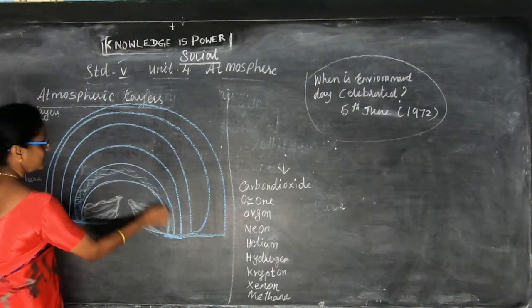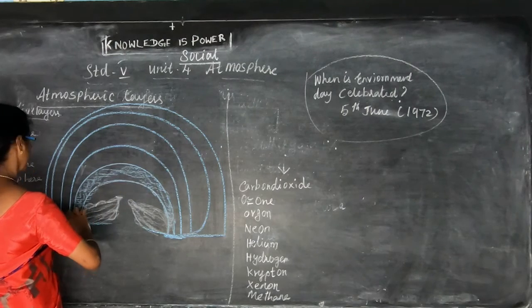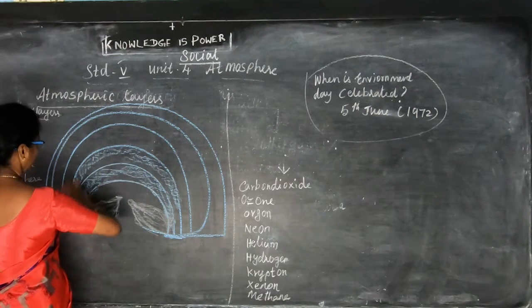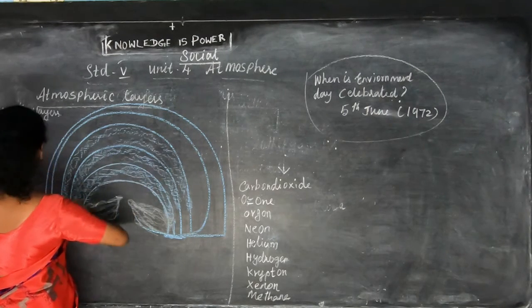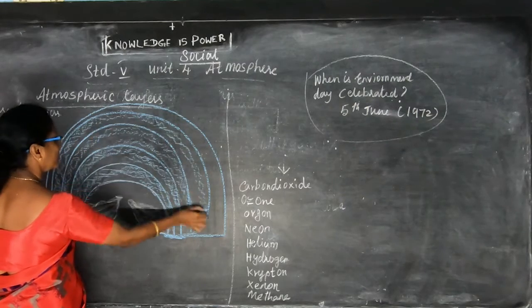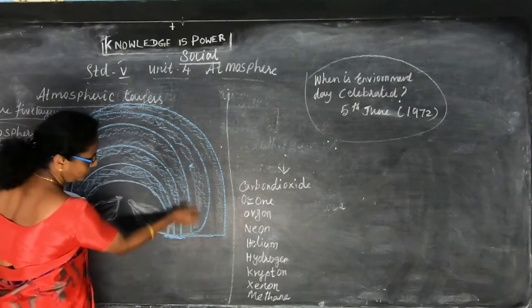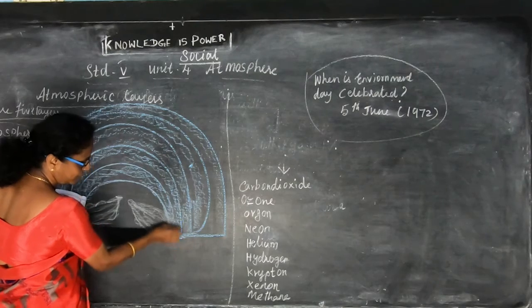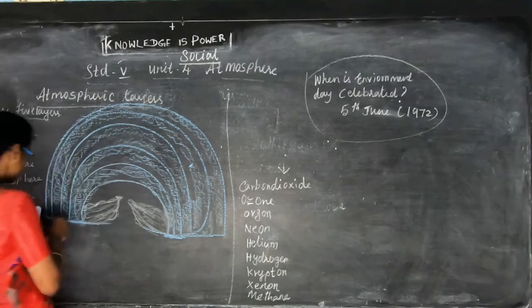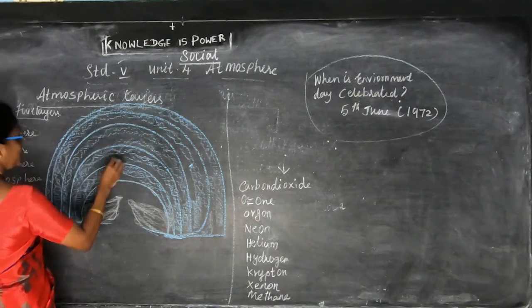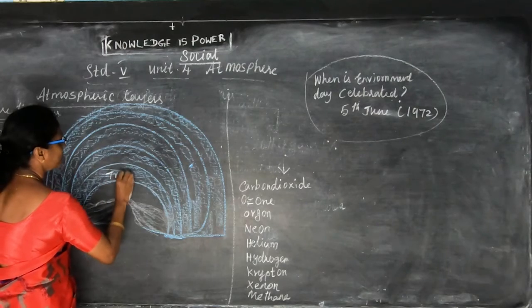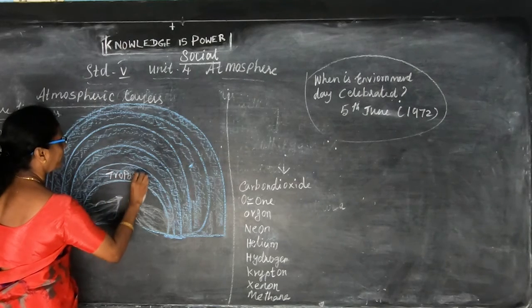So like this: troposphere, stratosphere, mesosphere, thermosphere, exosphere. Five layers are there. Okay children. The first layer is the troposphere.